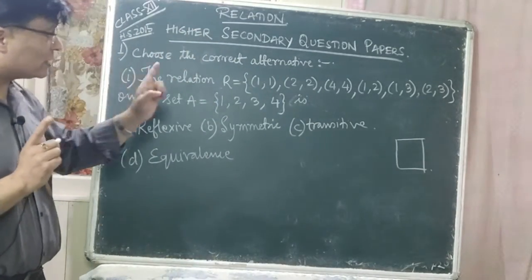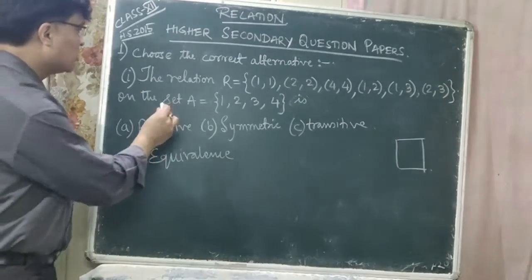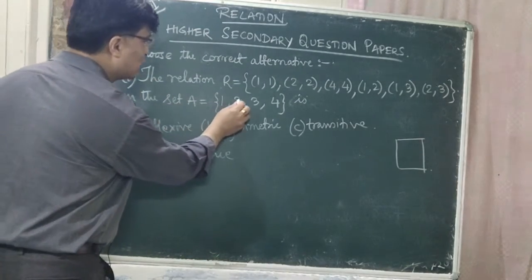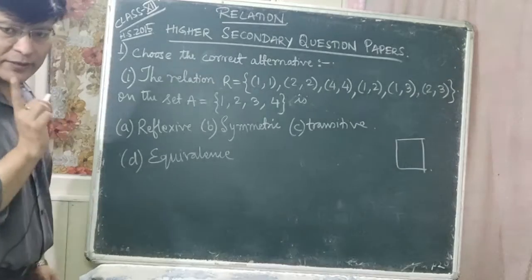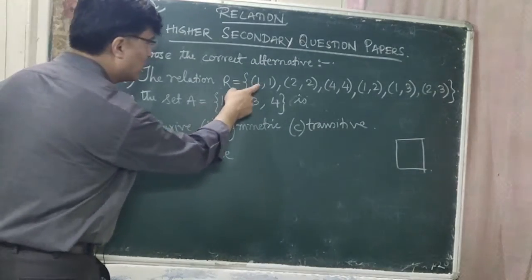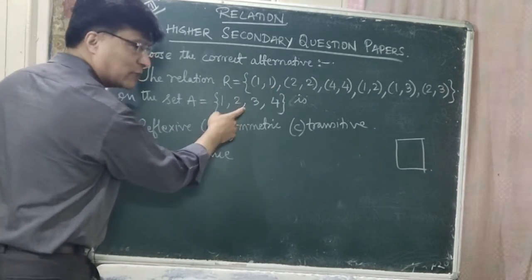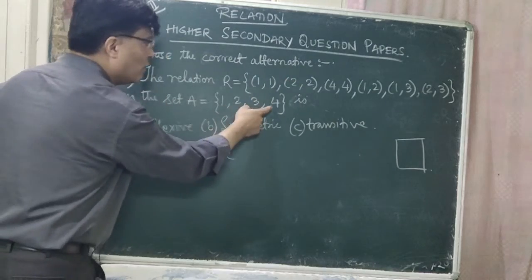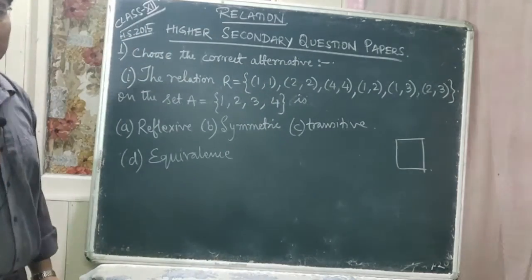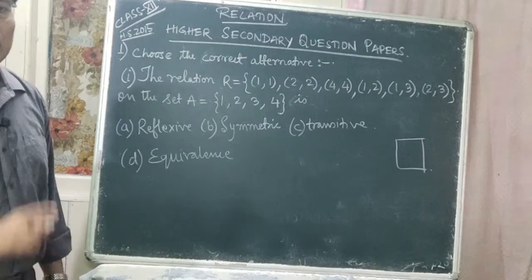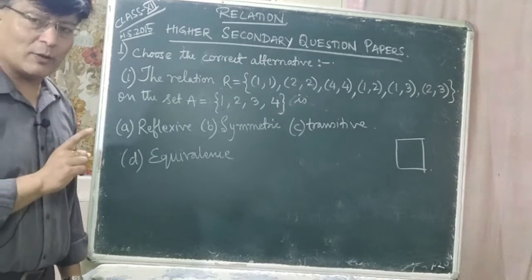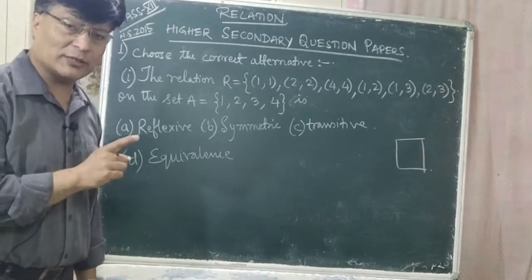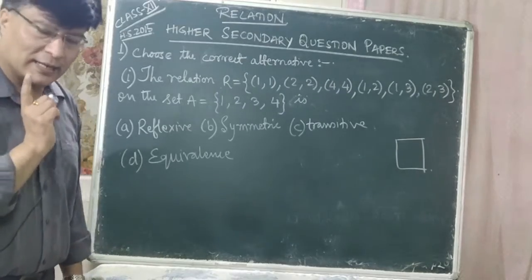Let us check whether it is reflexive or not. Set A is equal to {1, 2, 3, 4}. So here there must be (1,1), (2,2), (3,3) and (4,4). Let us check in the relation R whether (1,1), (2,2), (3,3), (4,4) are there or not.